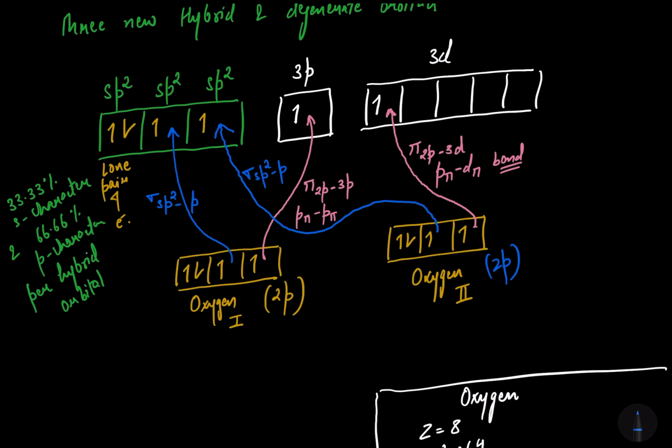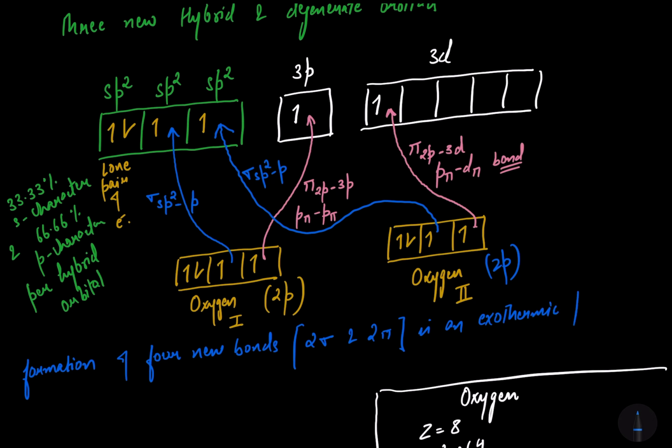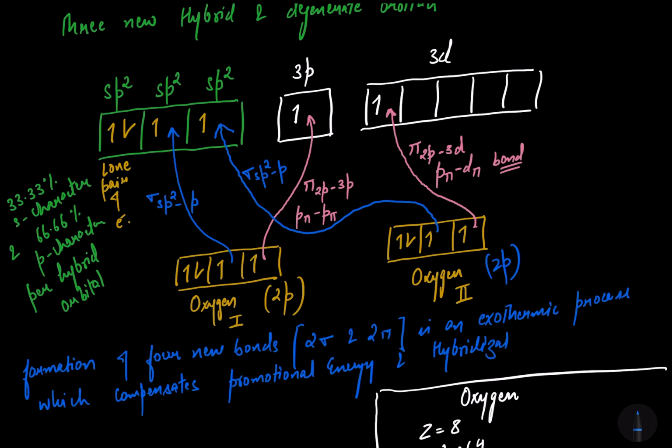So I am writing here: the formation of 4 new bonds, that is 2 sigma and 2 pi bonds, is an exothermic process, which compensates the 2 previous endothermic processes, which compensates promotional energy, the endothermic process, and the hybridization energy, the other endothermic process.